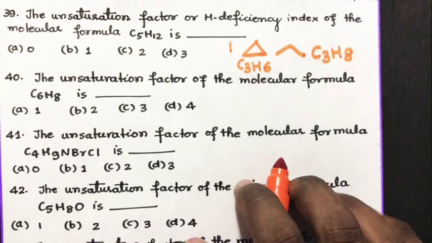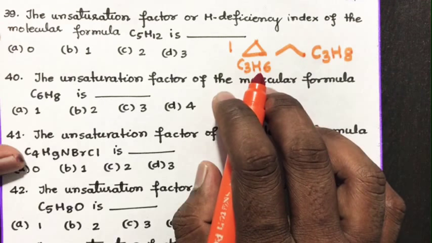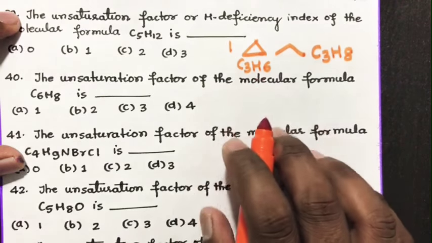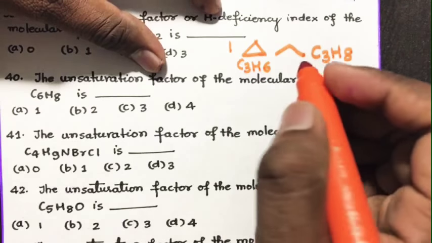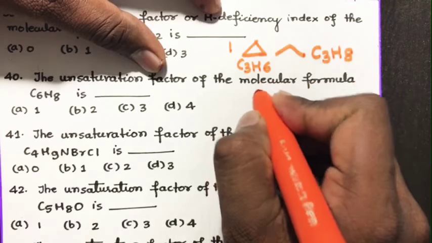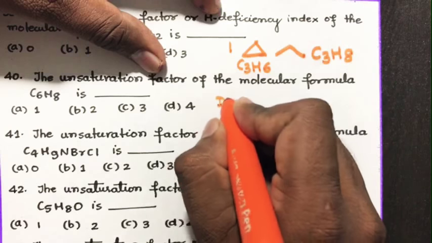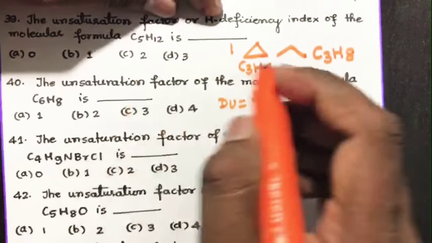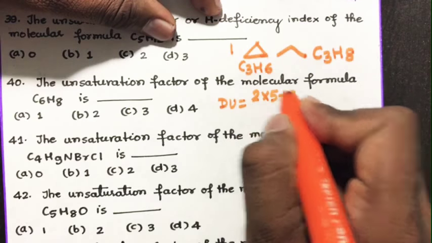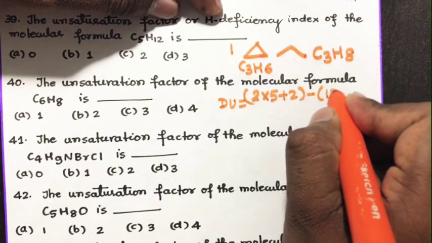Now the problem is we have to find the degree of unsaturation for C5H12, that is the normal pentane. Let's use the formula DU equal to 2 into number of carbon atoms, that is 5, plus 2, minus number of hydrogen atoms, that is 12.